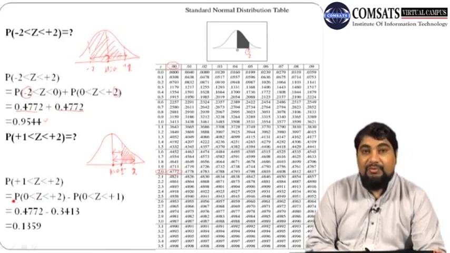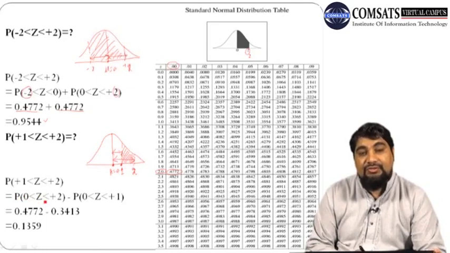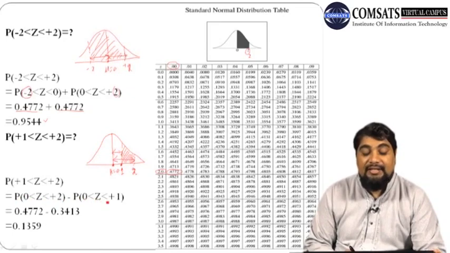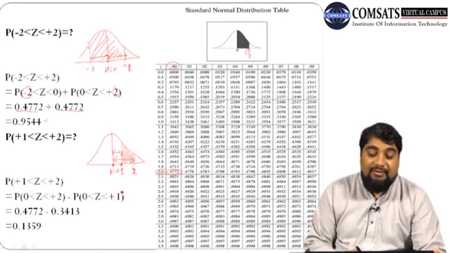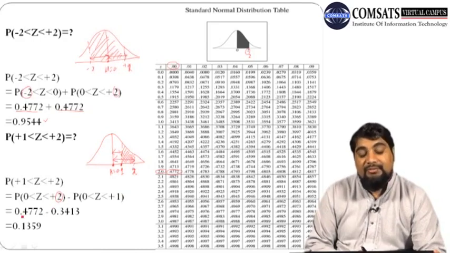So this is equal to probability that 0 less than z less than +2 minus probability 0 less than z less than +1. For this area just look at 2, which is 0.4772, and then in order to calculate this area look up +1 in the table.